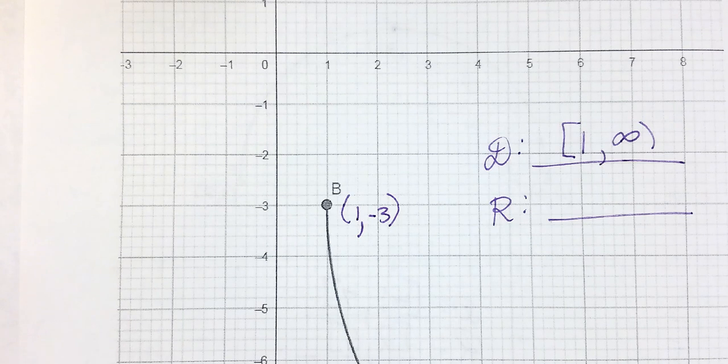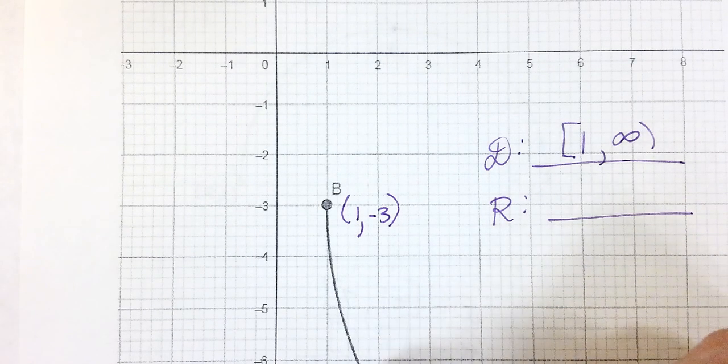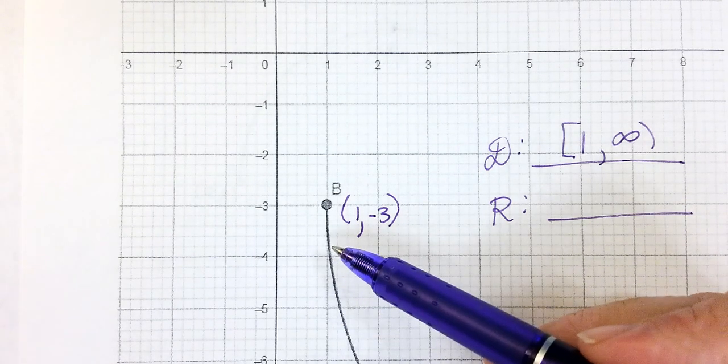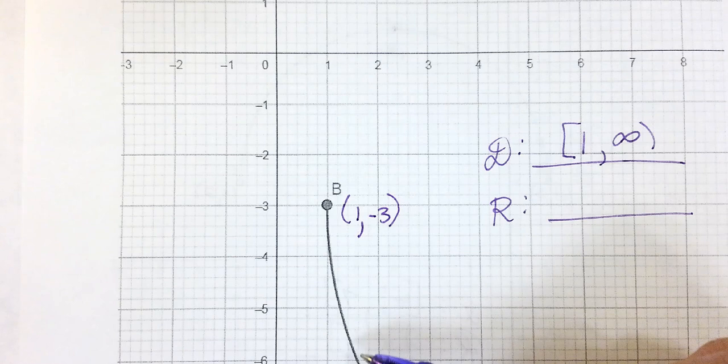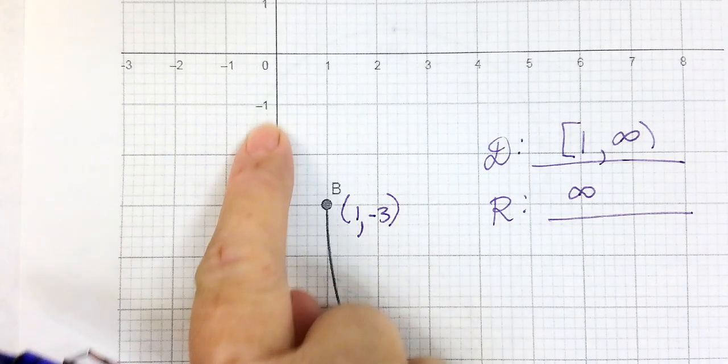Now let's look at range. Range is from the bottom to the top. So what is the lowest y value up to the highest y value? So our lowest y value, again, this is going off the graph, and it's not defined. So this is going down, down, down forever. So if this is going down forever, it will be infinity is where you could say it starts. So it starts all the way down at infinity, but since it's going down, think about where these numbers are going.